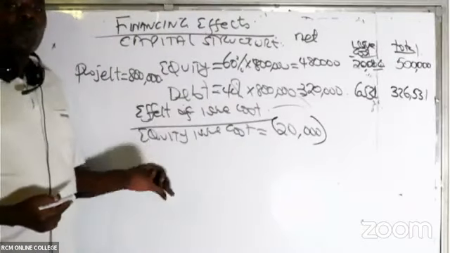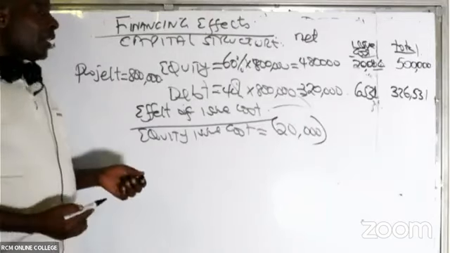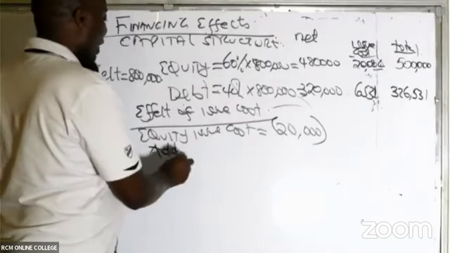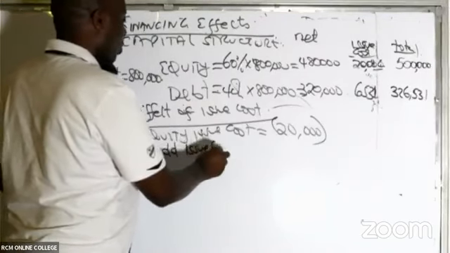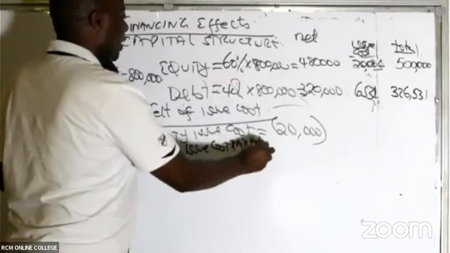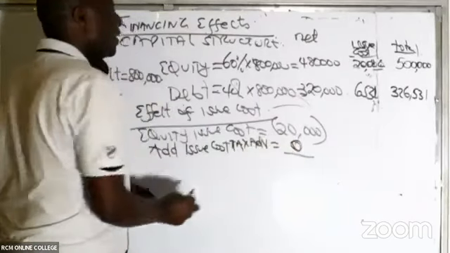Then you come and add the issue cost tax advantage. It will be 0 always for equity.